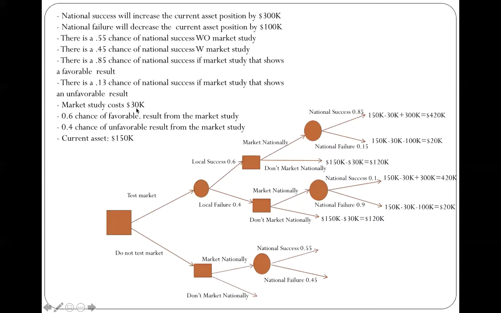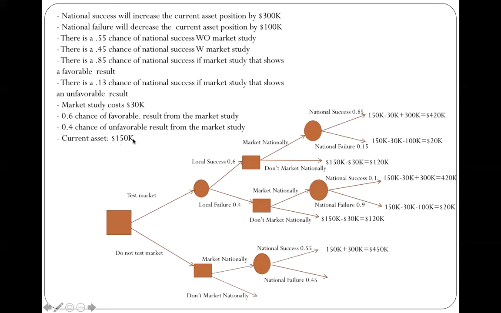We do not pay 30K for the local test because we decide not to do the local test. And since we have observed national success, we observe a 300K increase in the asset value. So the value of this terminal node is 150K plus 300K, that's 450K. How about this terminal node?